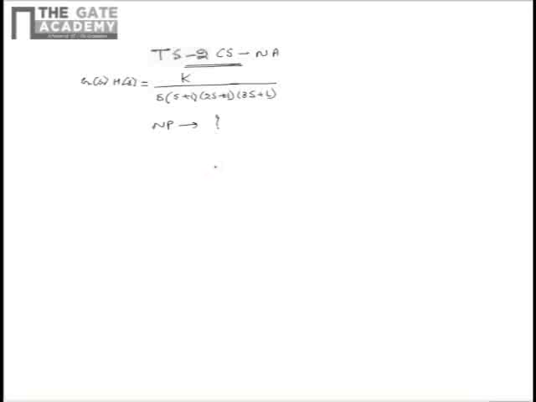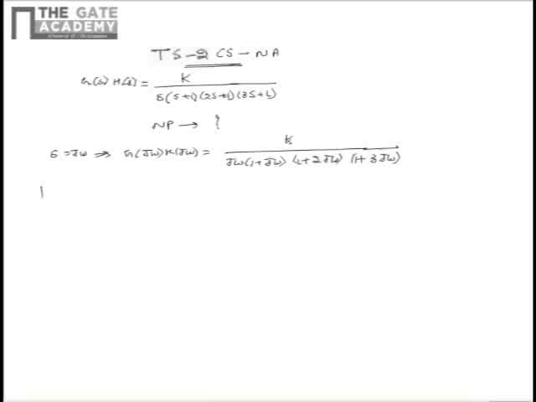So for the given control system, we see that upon substituting s = jω, G(jω)H(jω) = K / [jω(1+jω)(1+2jω)(1+3jω)].